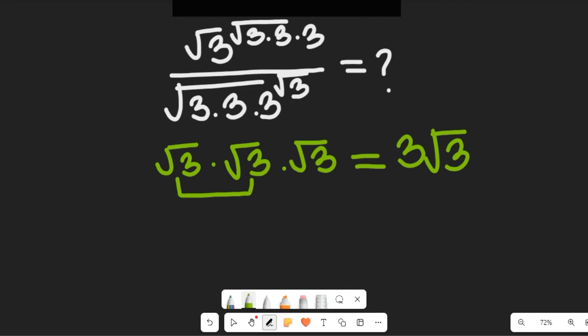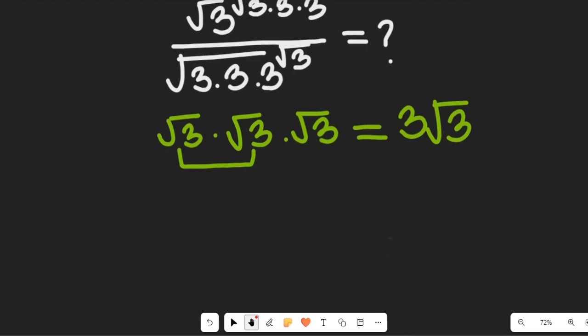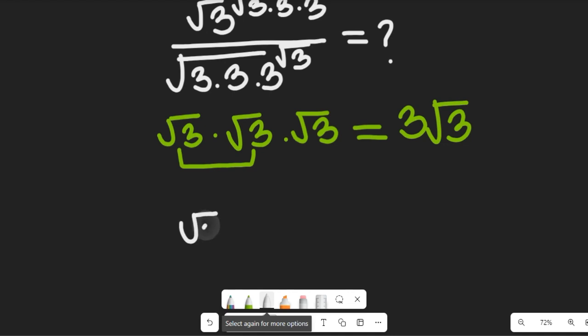Now let's implement it into the expression. If we implement it, we are going to have that expression now give us the square root of 3, right, to the power of 3 root 3, right?